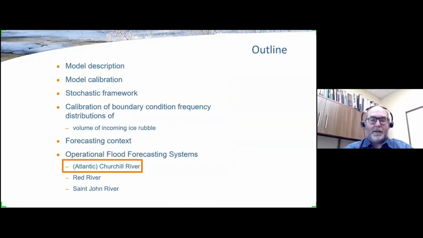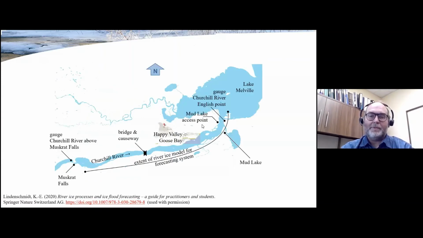Now, while this was being developed, this was in partnership with folks from Alberta Environment and Parks, but also from the government of Newfoundland and Labrador. And in Labrador in 2017, there was an extensive flood event on the Churchill River. That's the Atlantic Churchill River.